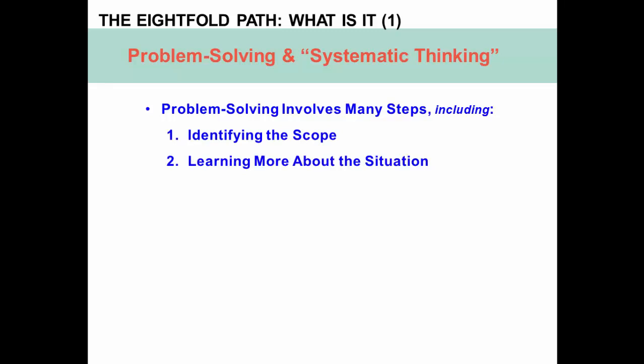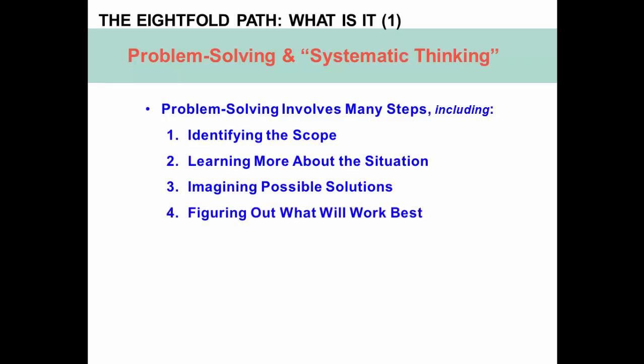We'd want to learn more about the situation. We'd want to imagine possible solutions, including ones that might not yet have been tried. And we'd have to create a way to figure out what will work best. There may be other specific method steps that we would need to engage in, but this is just 4.